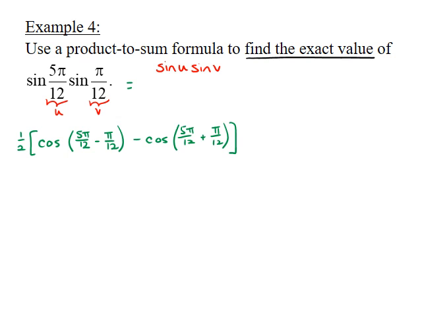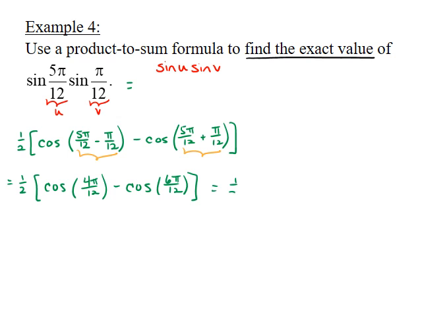All right, just like before, we will simplify our arguments to get the following. The first one, 5 pi minus pi is 4 pi over 12, minus cosine of 6 pi over 12. And we'll just continue to simplify this. So we'll have cosine of pi over 3 minus cosine of pi over 2.